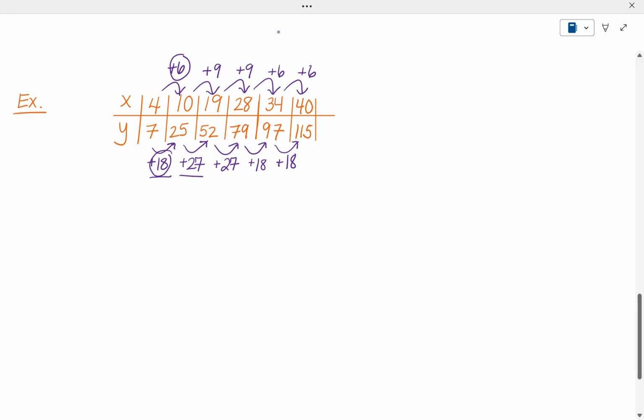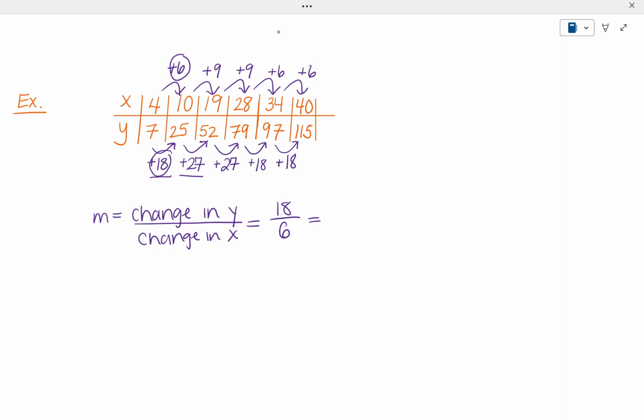So we go through and first divide 18 and 6. So m equals the change in y over the change in x. Change in y in this case is 18 over the change in x is 6. 18 over 6 is 3.